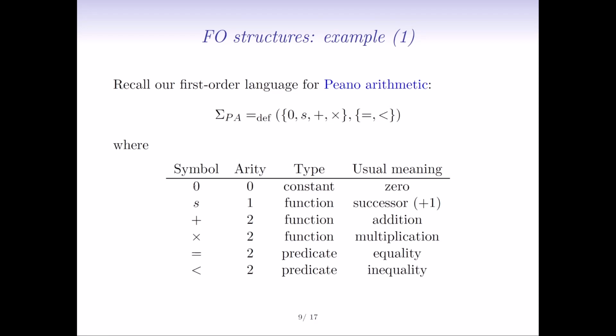The symbol 0 has arity 0, so it's a special case where it's a function symbol, but it's a constant. And here I've reminded us of the usual meaning of these symbols. For example, this symbol here is a predicate of arity 2, and it usually means that one thing is less than another in standard mathematics. And indeed, I think we can define a structure in which everything has the expected interpretation.